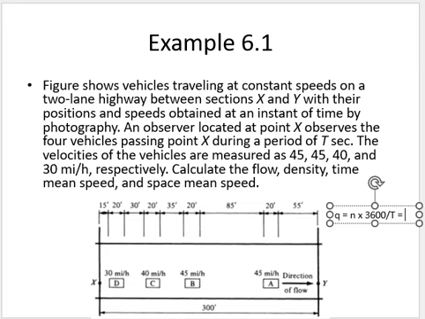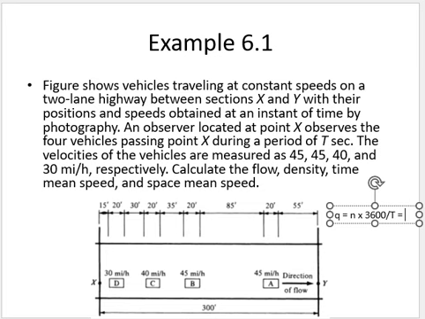Here they are saying they took the picture of the highway when the vehicles are in this position. So if you make the assumption that, for example, the speed of this vehicle is 45, this one is 45, this 40, this 30, and the distance between these vehicles was also the same when they were crossing point X, which is an assumption.